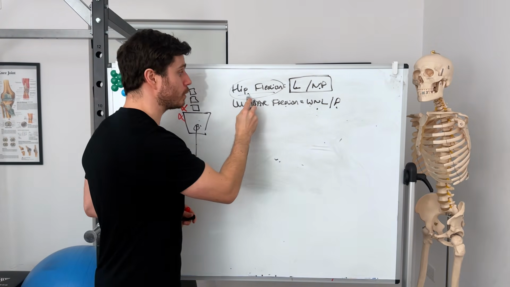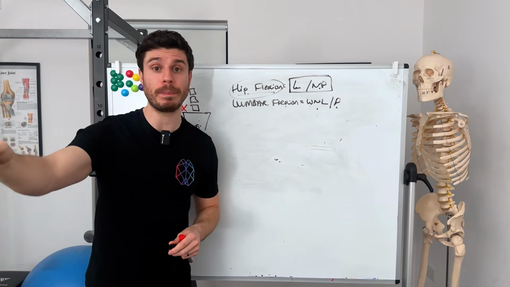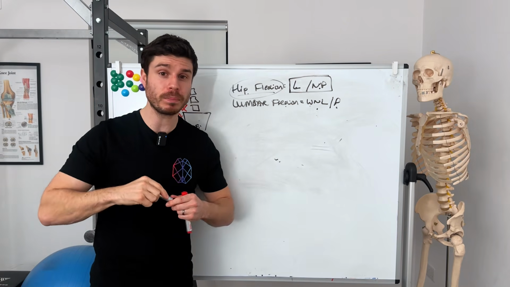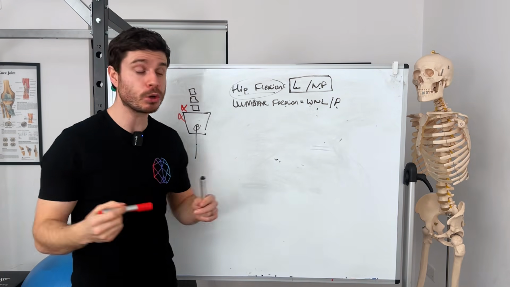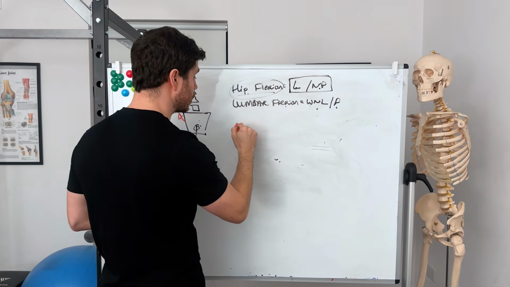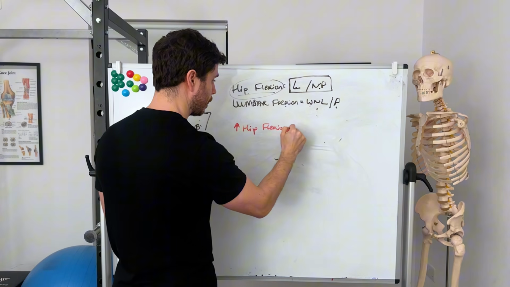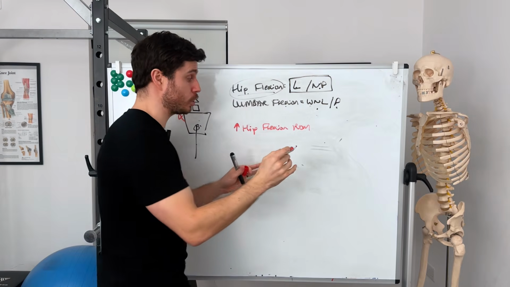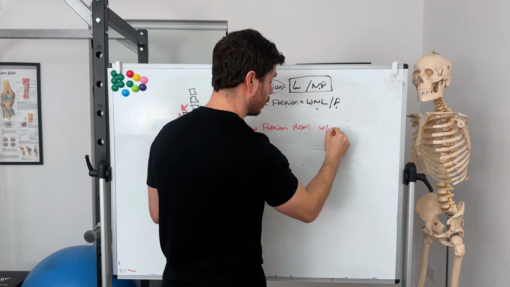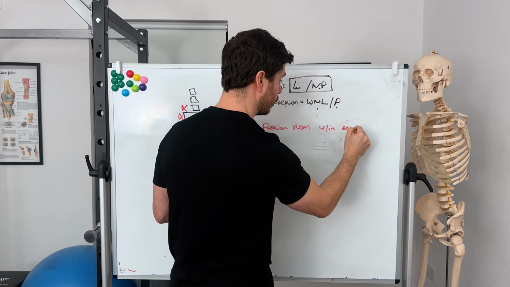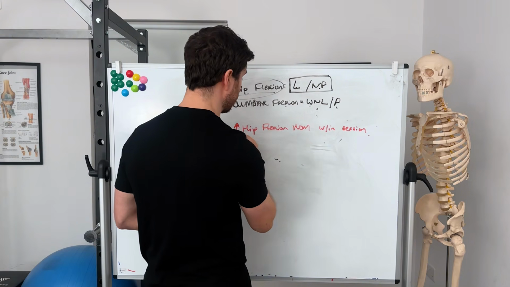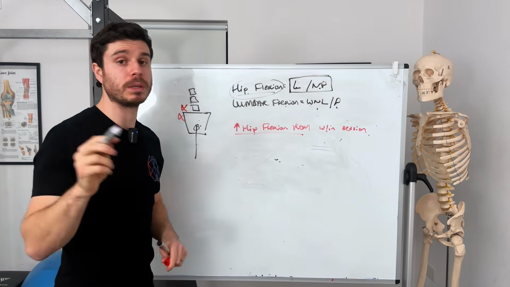But let's say hip flexion increases very rapidly. If something like hip flexion range of motion increases, so let's say we get an increase in hip flexion range of motion within the session, what do you think was driving that hip flexion range of motion limitation?